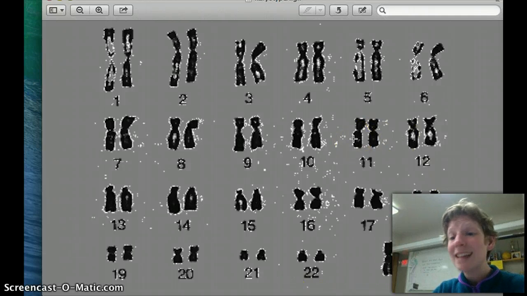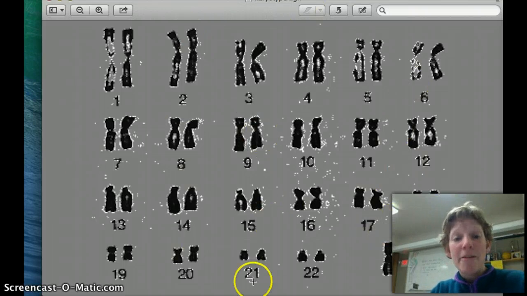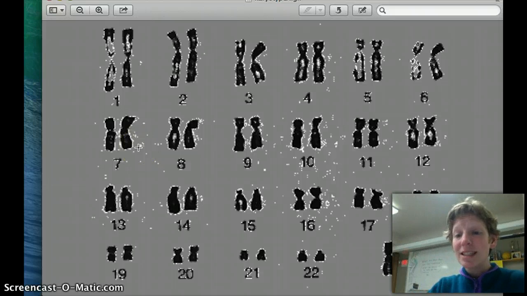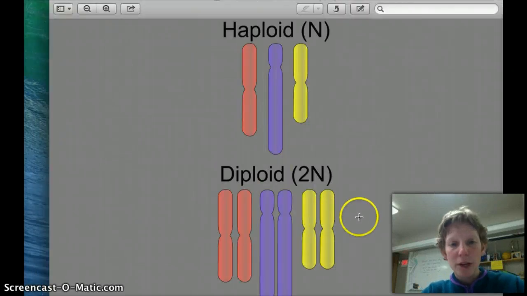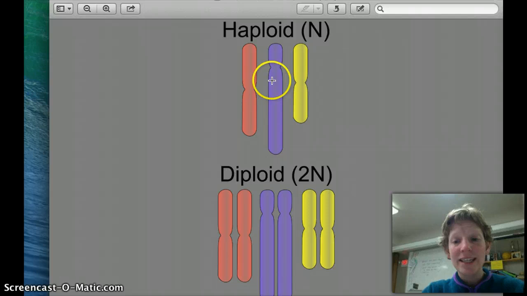Most of the cells in our body, all of our somatic cells, are diploid because they have 23 pairs, meaning 46 total chromosomes. That's diploid, so 2N, 2 meaning there's a pair of each, whereas haploid is half. Instead of having a pair of each, you just have one chromosome of each.